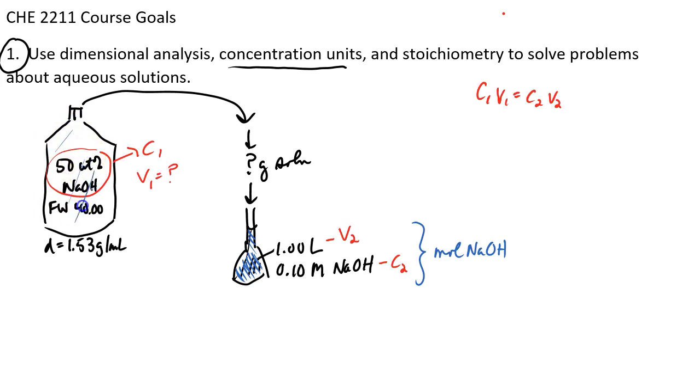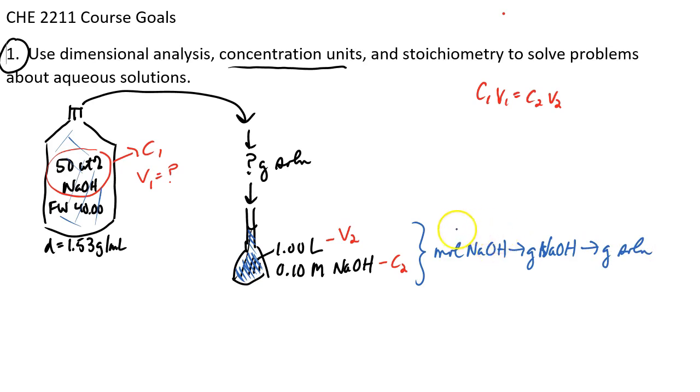Well, they're going to be coming from our stock solution. So if I can figure out how many moles of sodium hydroxide need to be in here, I convert that into grams of sodium hydroxide. And then from there, I can figure out how many grams of solution I need.